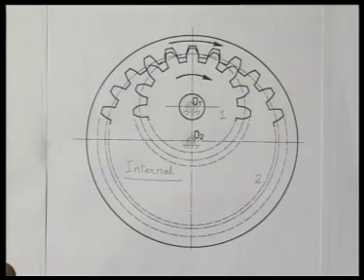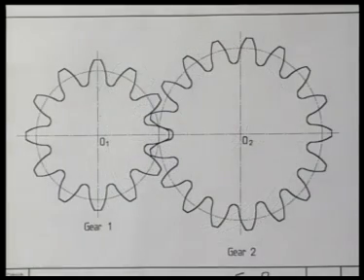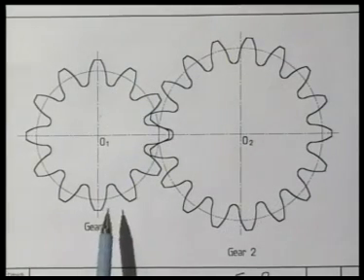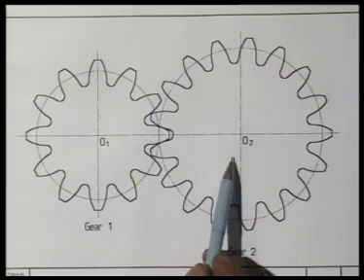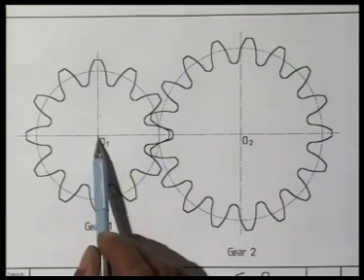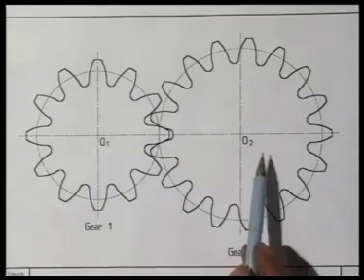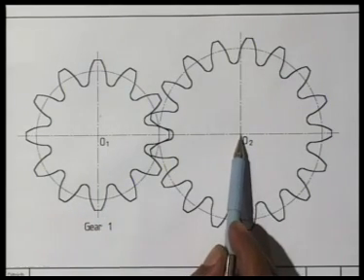So we have external gears and a pair of internal circular gears. Now let me define different terms for circular straight tooth spur gears. This figure again shows a pair of external gearing connecting parallel shafts, one at O1 and the other at O2.